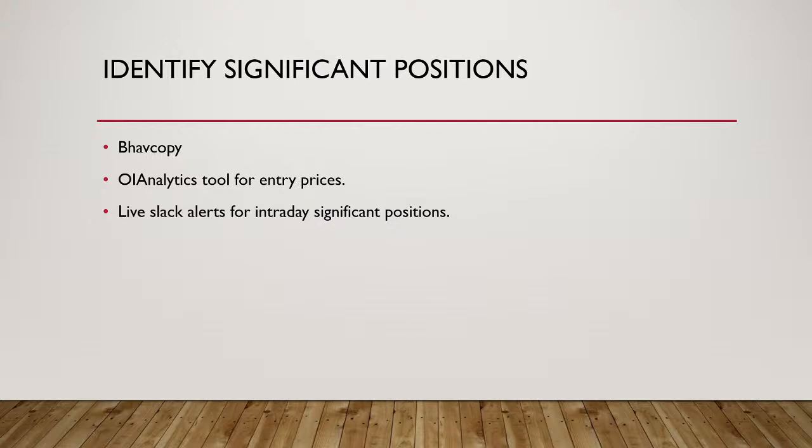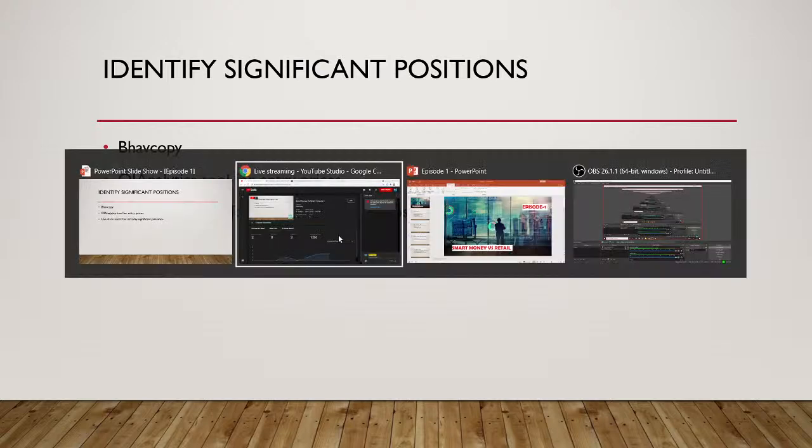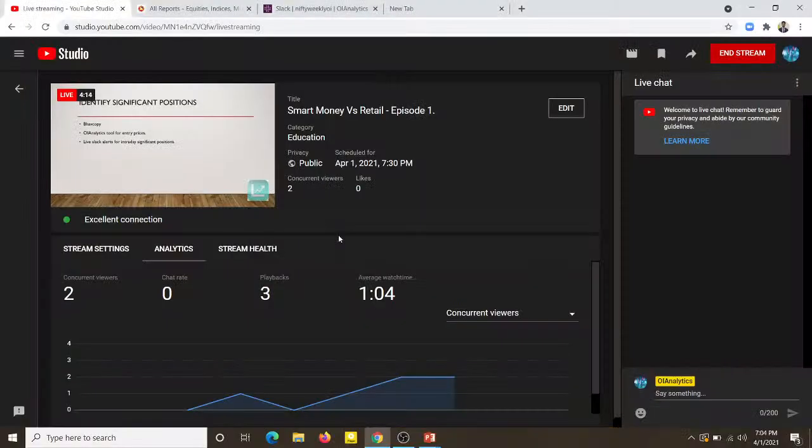So let's start with the previous expiry day, which is 25th of March, and do this exercise till 31st of March. So let's go ahead and download the data and see which data I would want.